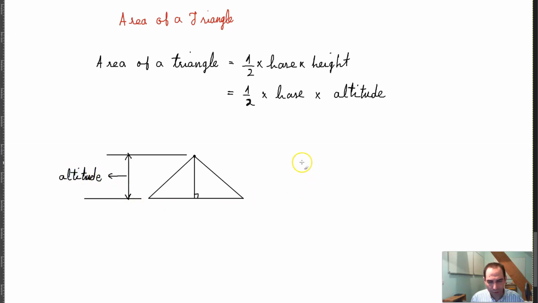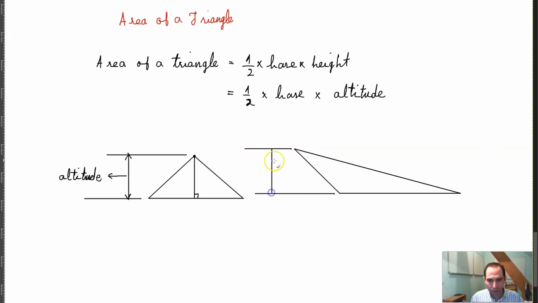Which also means that if you have some triangle, for example, something like this, and this is the base, the altitude of the triangle would be this distance. If the triangle is a right triangle, then of course the altitude would simply be this side length, and so on and so forth.